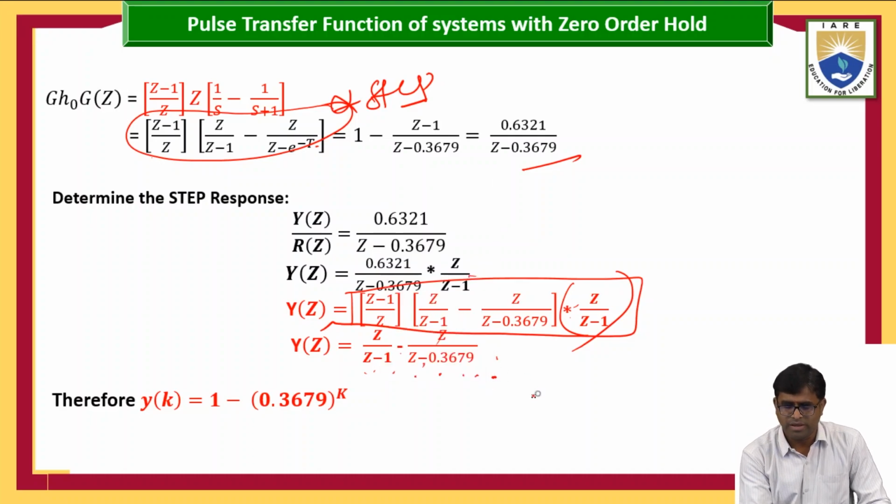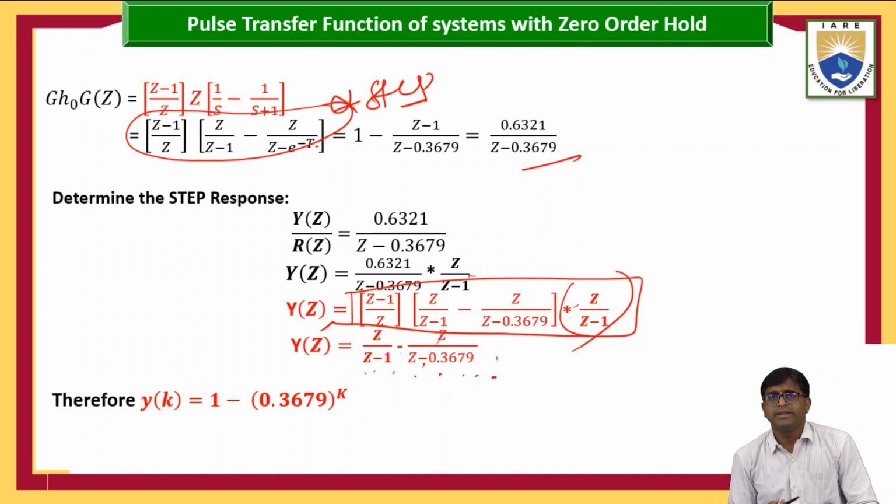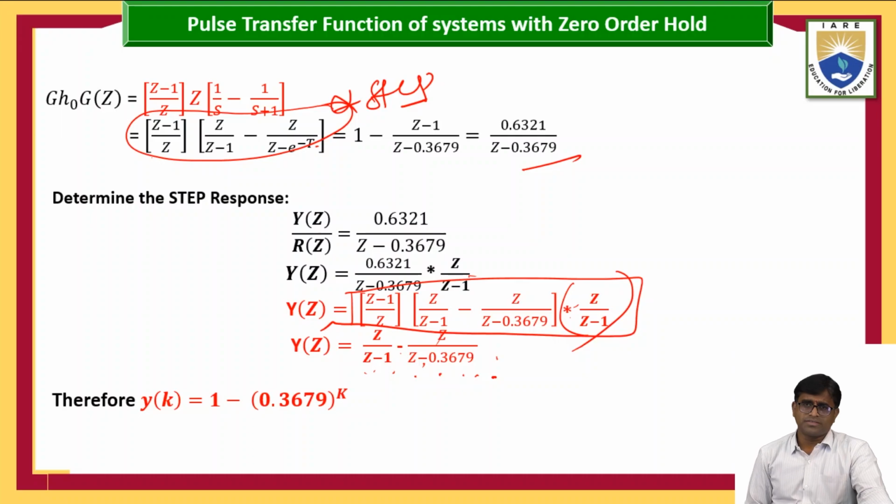After that, I am going for taking the inverse transform. That is, the Z transform is converted into discrete time functions. That is, y of k equal to 1 minus 0.3679 whole power of k.